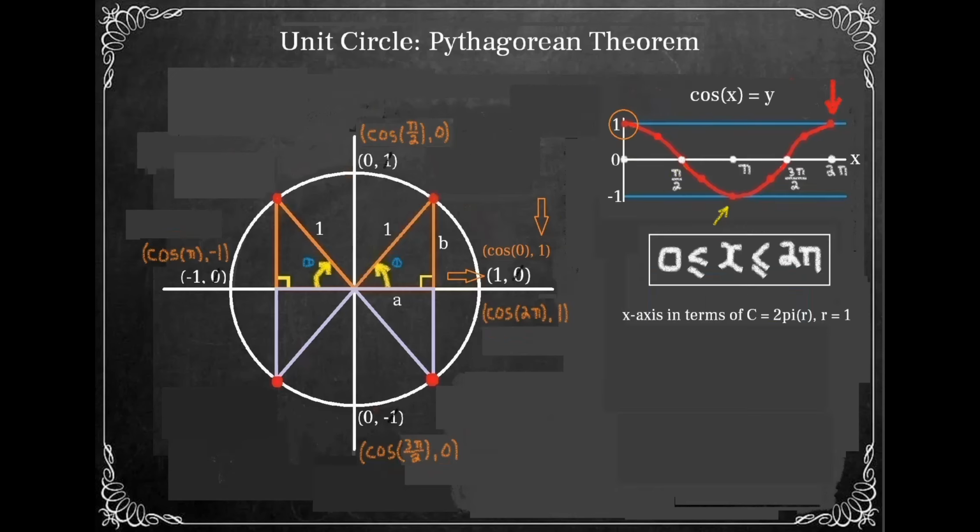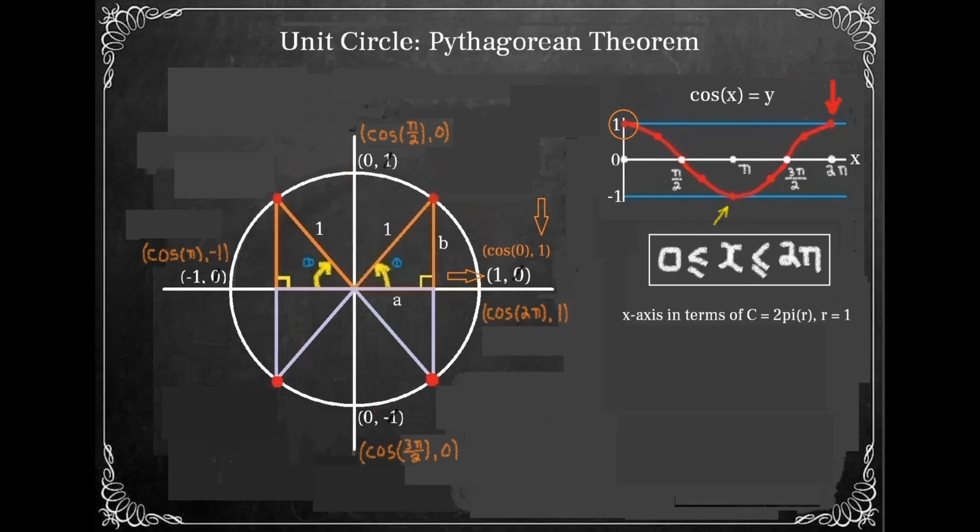Our next blackboard is repeating and refining what we just said. Notice the point cos 0 and 1 coincides with the point in the orange circle on the graph, upper right. And then observe the orange arrow values are related. All the white dots on the x-axis correspond with their appropriate y values.